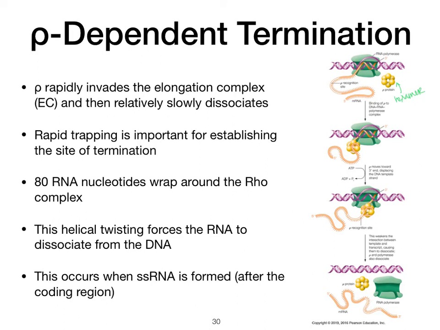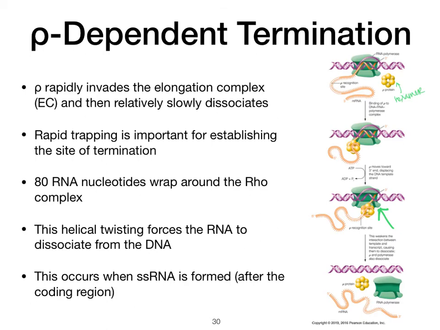The rho complex then helically twists, so it basically rotates, forcing the RNA to dissociate from the DNA. This occurs when single-stranded RNA is formed after the coding region. So we have the gene, we're in the excess region afterwards, so we've had roughly 80 nucleotides that will wrap around rho in the rho recognition site.